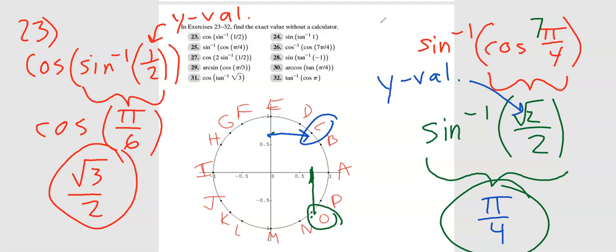So when you say it gave me the answer in the beginning, that's true, only because the original angle was already in the range of the inverse sine function. 7 pi over 4 is not in the range of the inverse sine function, so it was going to spit out an answer that was different than 7 pi over 4.